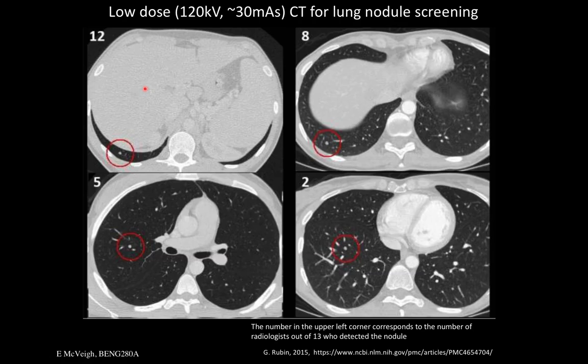This number is the number of radiologists out of 13 who actually found that lesion. So 12 out of 13 found this lesion, so that's no problem. 8 out of 13 found this one, because it looks a lot like that thing, which isn't a lesion. 5 out of 13 found this one. 2 out of the 13 called that positive.